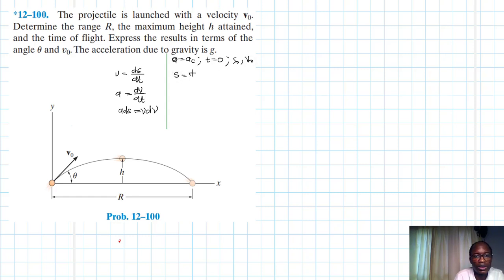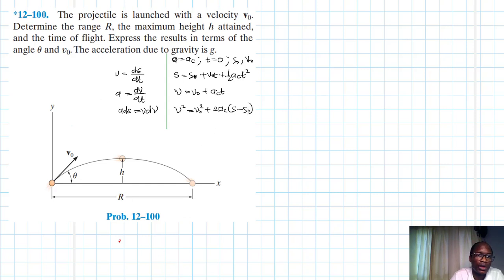From this we can derive: s is equal to s naught plus v naught t plus half a_c t squared. Then we have v is equal to v naught plus a_c t, and then v squared is equal to v naught squared plus 2 a_c (s minus s naught).